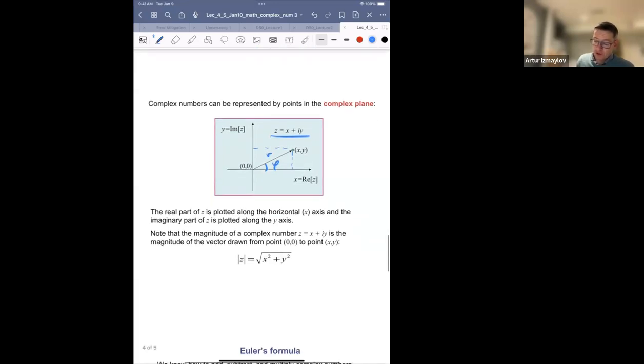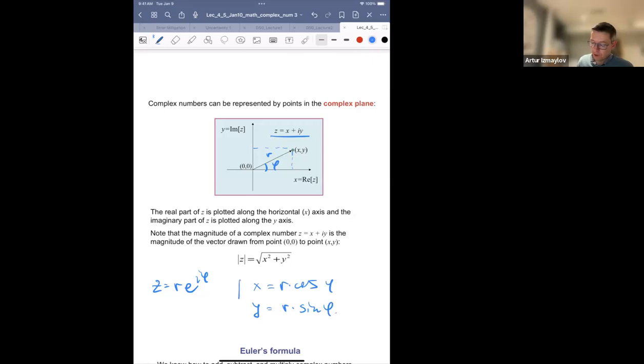That's an alternative representation of a complex number, like z equals r e to the i phi, where x equals r cosine phi and y equals r sine phi.